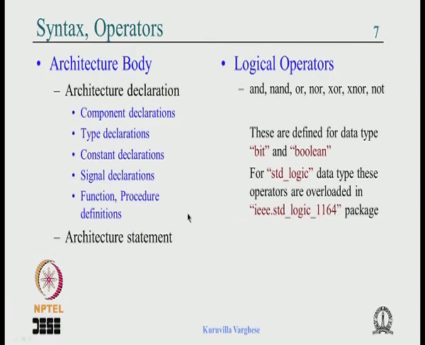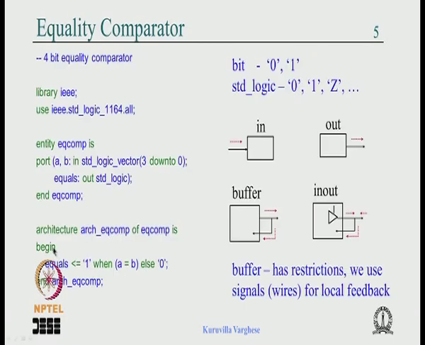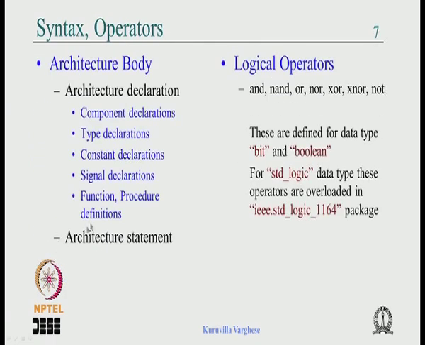The architecture body. We have said that in an architecture, before the begin, you can declare many things, a lot of things, and that is what is shown here. The architecture has two parts. Before the begin you can declare something, after the begin you can write the statements, you can describe the function. What you can declare are components.